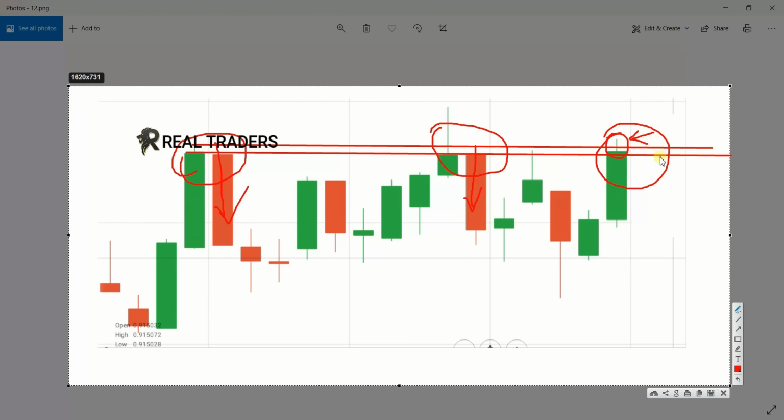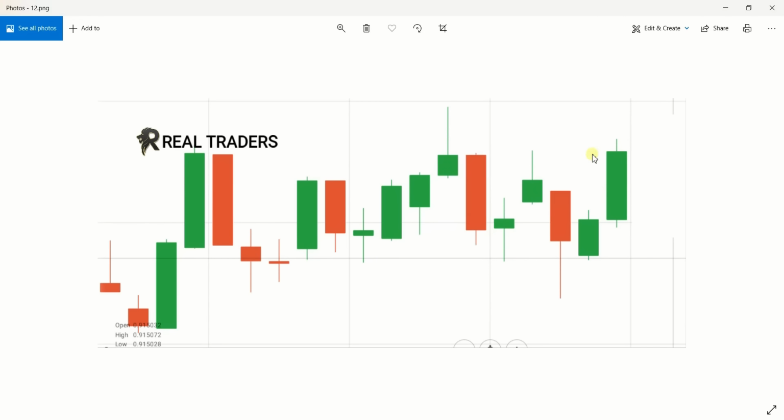So the rejection shows us the sellers are interested at this level, and we check this level, it is working, it is a good level, and the market is ranging. So we can trust this level again because the market closed at the level, and we can go with the sellers confidently here.